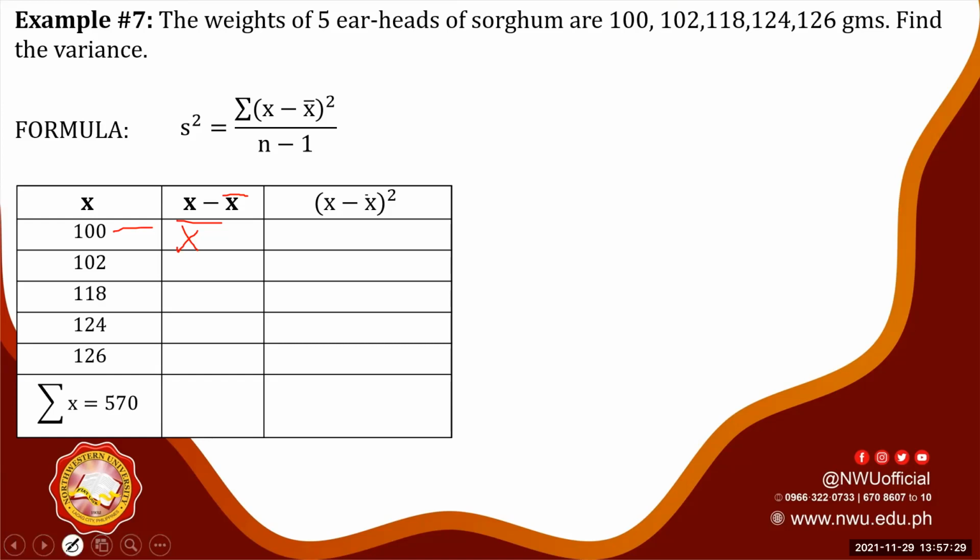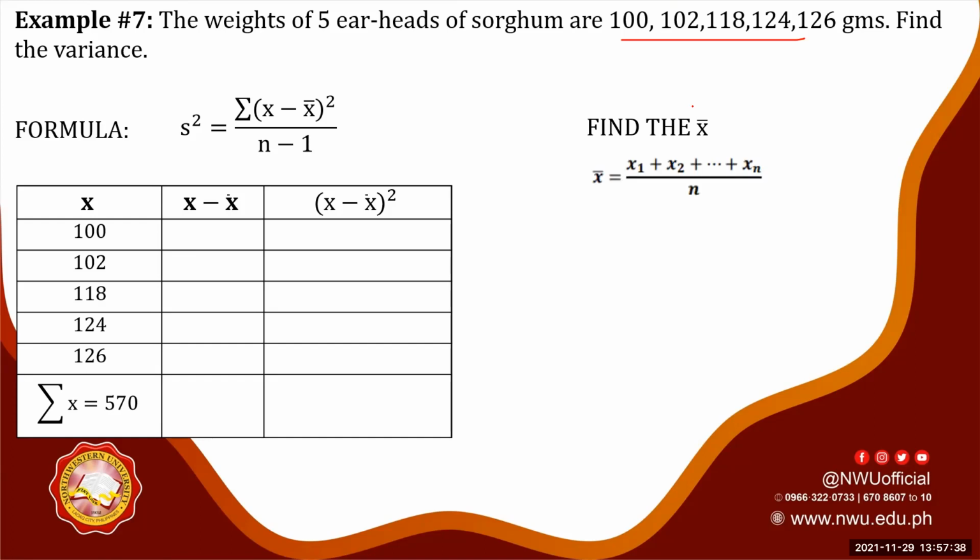Pero hindi mo alam kung ano yung mean mo. So you get the mean of this data. And you can do that by using the formula. I-add mo lang sila divided by the total number of items, which is 5. So when you add the data, you will get 570 all over 5. So 570 all over 5, it's 114.